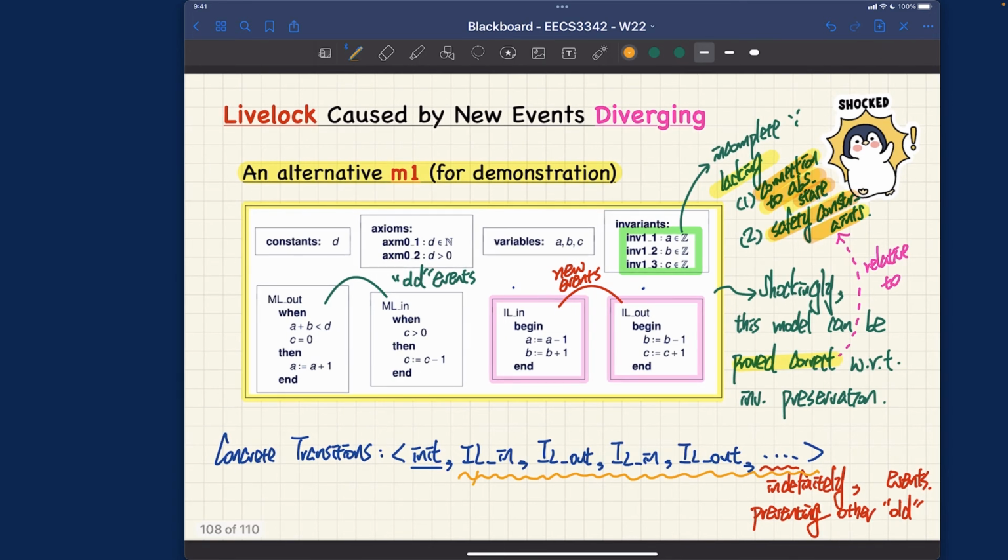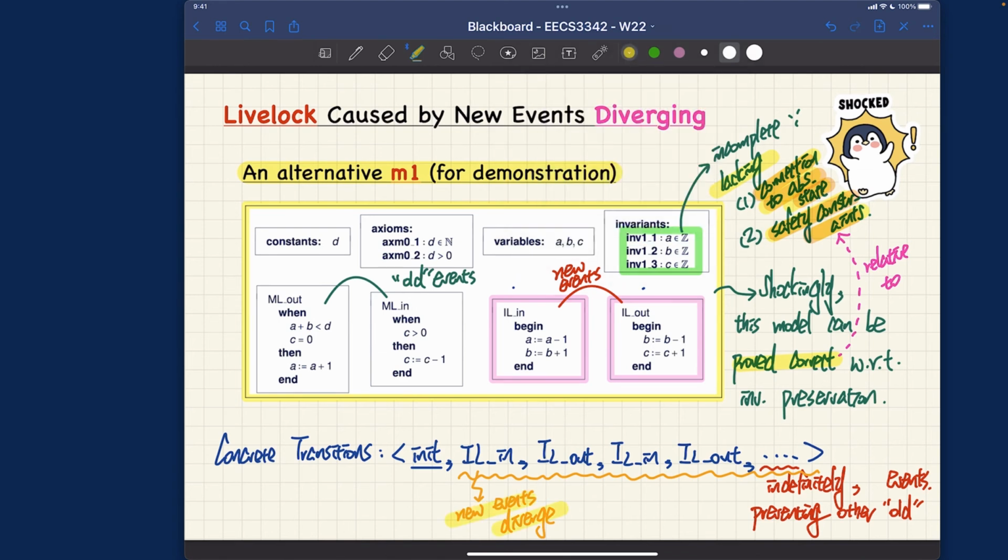So in this case, we say that the new events diverge, meaning that they simply occur always without allowing other events to actually occur, right? That's really what diverge means in this context. The new events simply diverge.